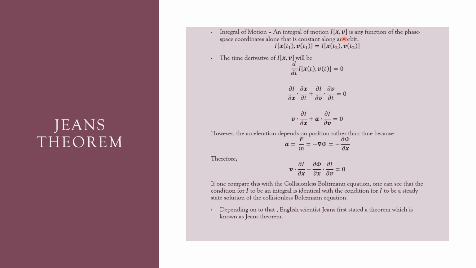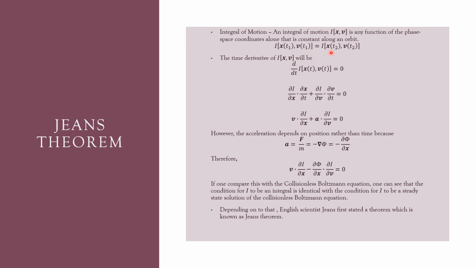Mathematically, we express this property as: for time t1, we have integral of motion I of x t1, v t1, and for time t2, we have another integral of motion I of x t2, v t2, and both of them are equal.